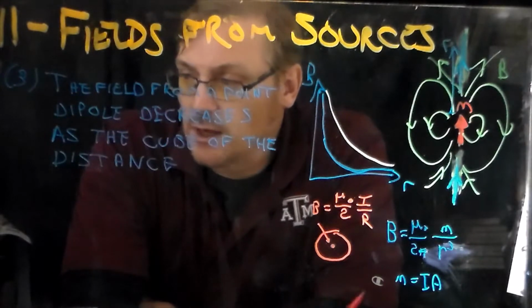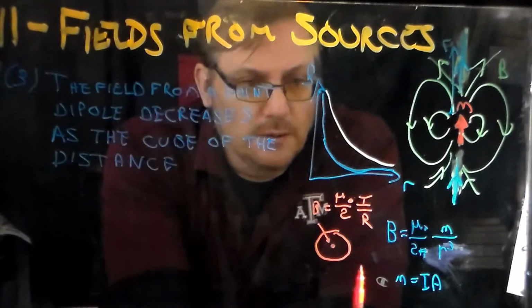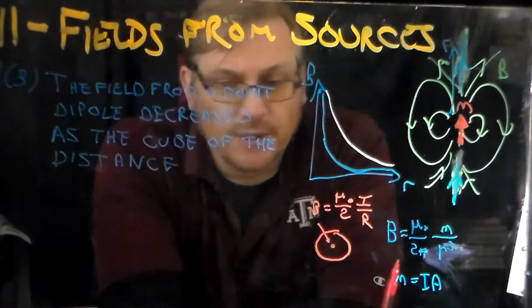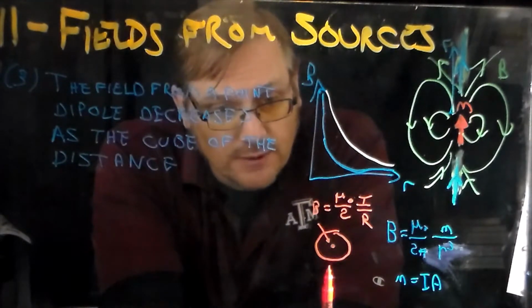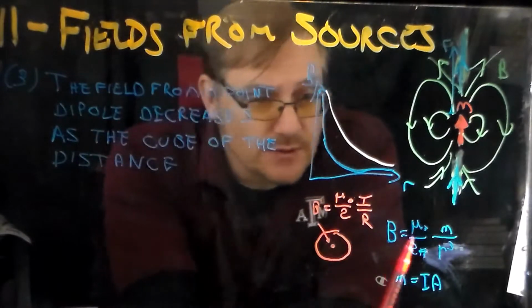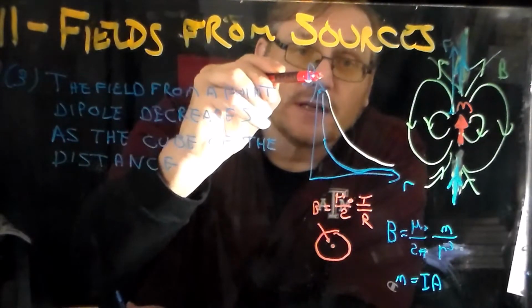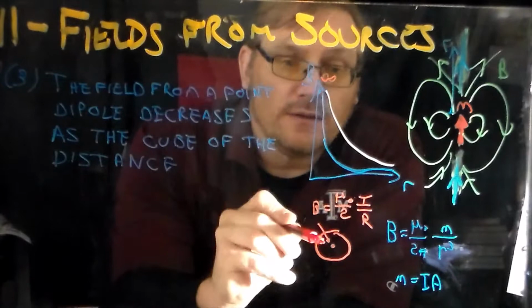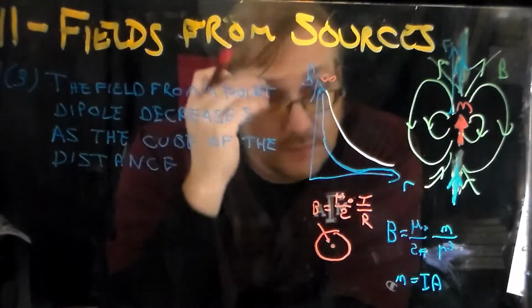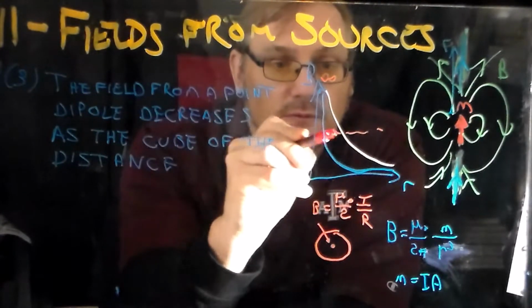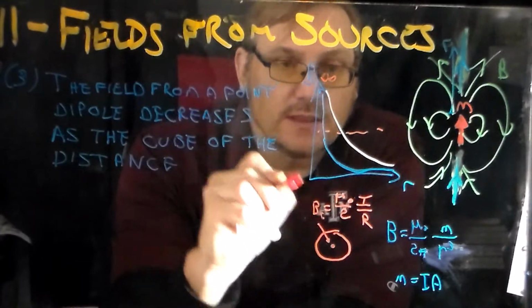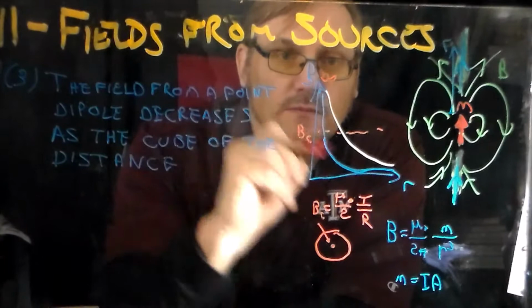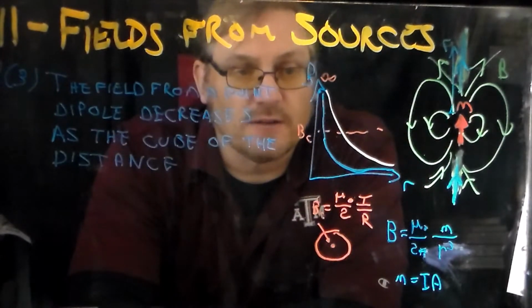Hopefully you do. But why is that a little different from what we've been doing previously? Well, this at this spot is infinity. This guy I just said here has a finite value, so we'll call that BC.